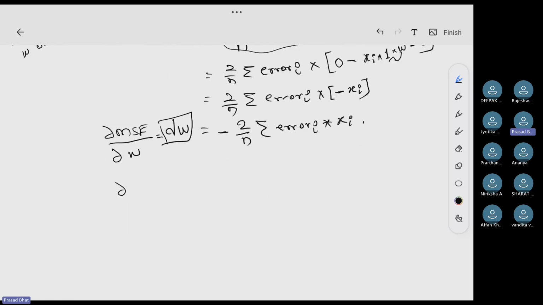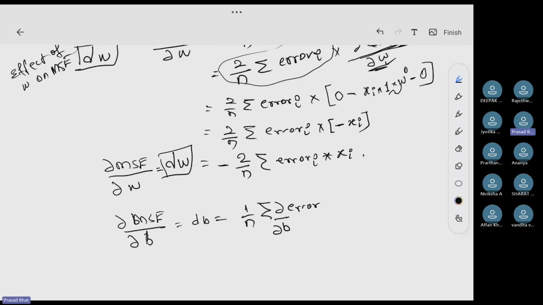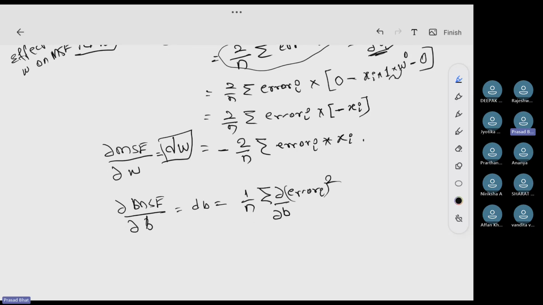So dou MSE by dou B, let me call it as dB, is equal to what? 1 over n, the same formula. Sigma dou by dou B of error I square, correct? Now I need to apply the chain rule once again.